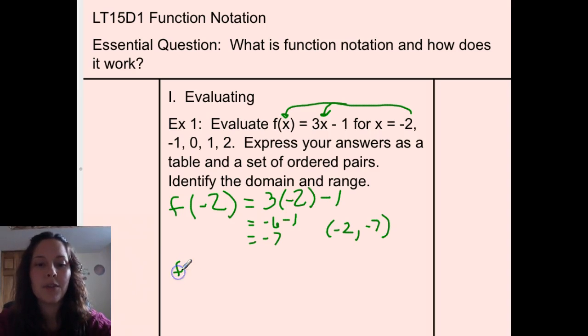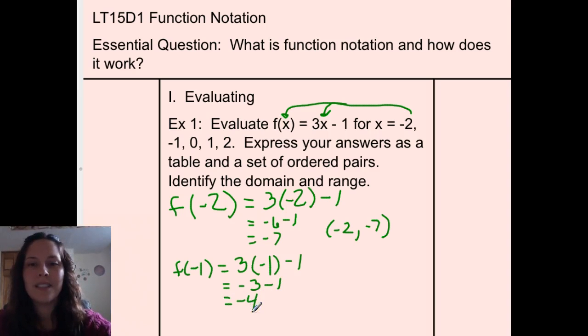Next, we're going to evaluate for -1, replacing x with -1 everywhere we see it in the function notation, as well as in the equation. 3 times -1 gives us -3, minus 1 gives us -4. Setting this up as an ordered pair, our input, our x value was -1, and our output, or the y value, was -4.